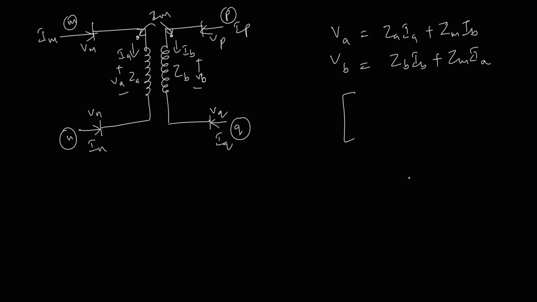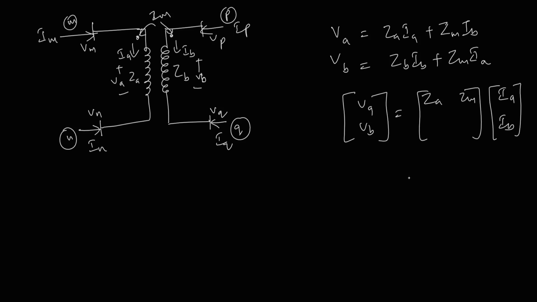So putting this in matrix form, you have VA VB is equal to ZA ZM, ZM ZB times IA IB.